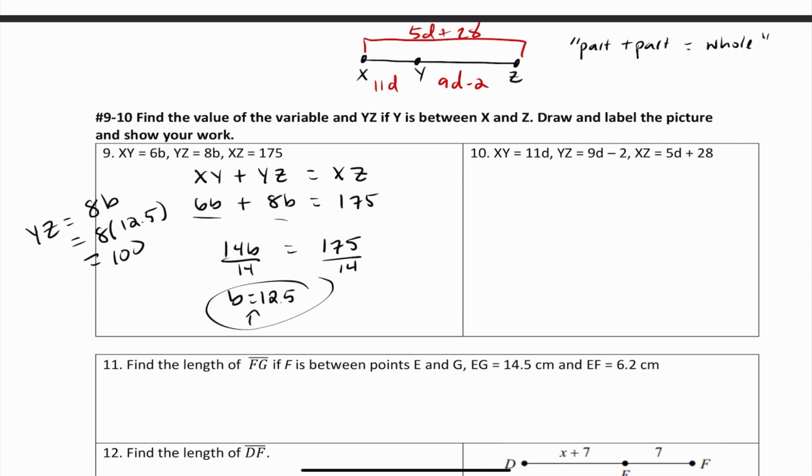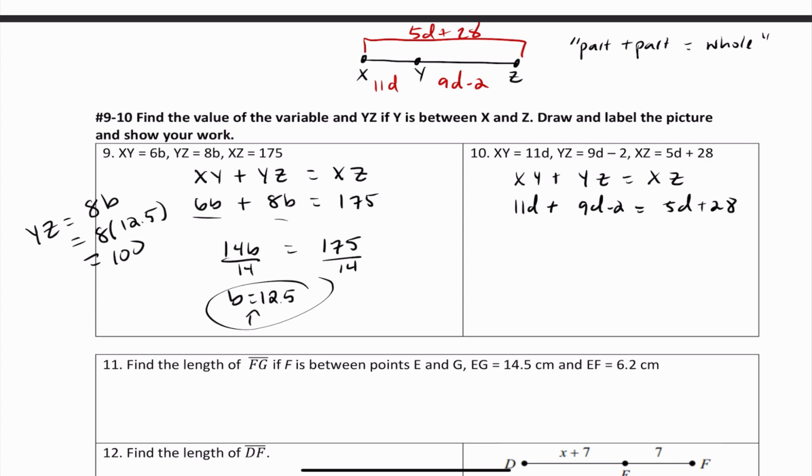I'm going to apply the part plus part equals a whole again. So then I get what? I get xy, which is my part. My other part is yz. Equal that to xz. 11d plus 9d minus 2 equals 5d plus 28.